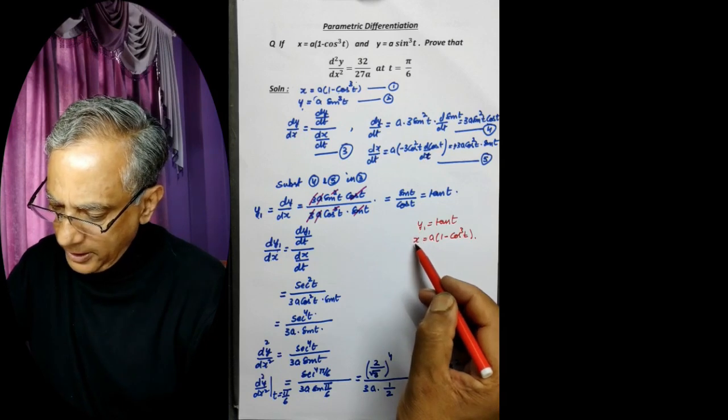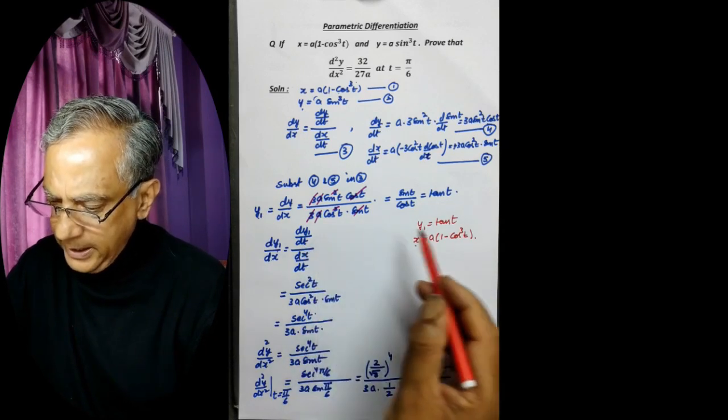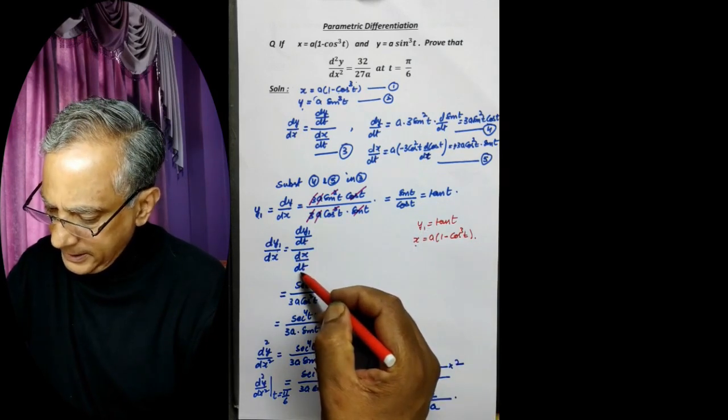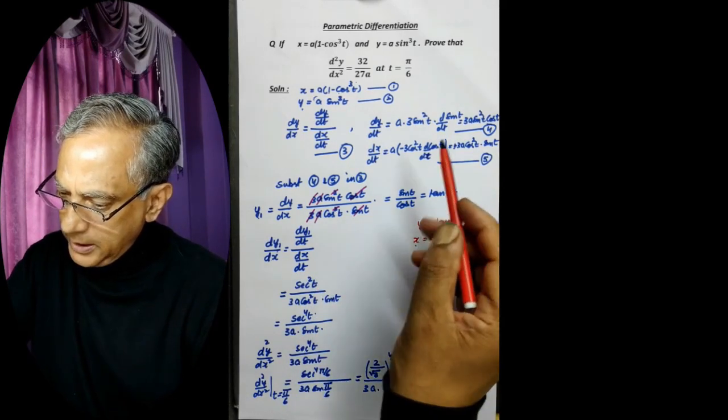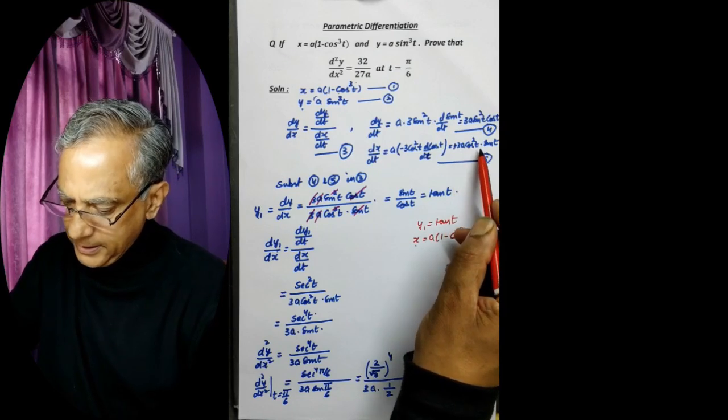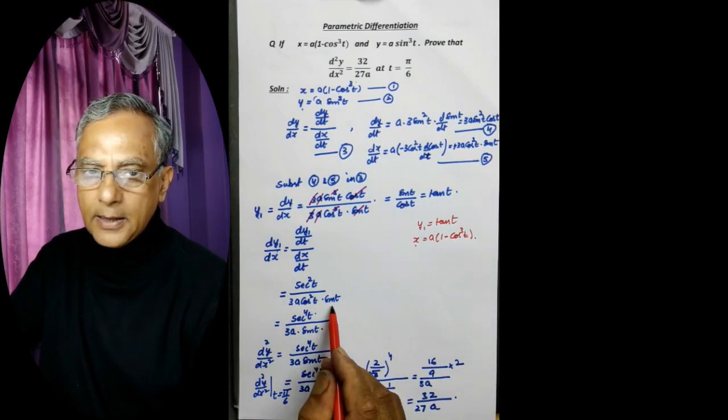So this will be dy1 by dt over dx by dt. dy1 by dt is this much, and dx by dt we have already obtained. This was 3a cos square t sin t. So this is the answer.